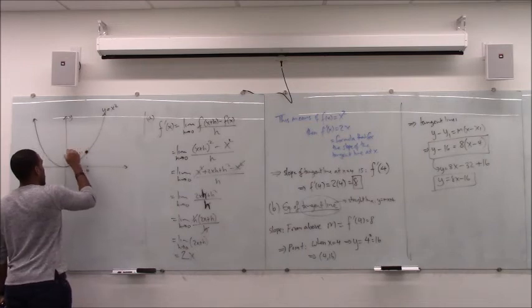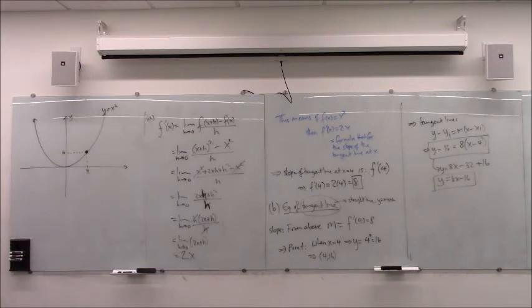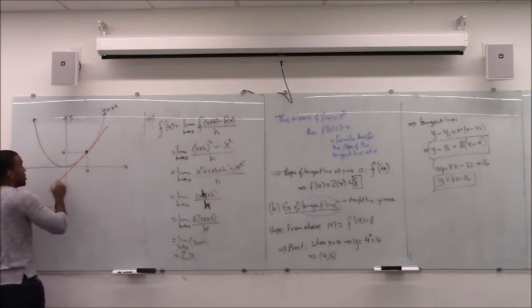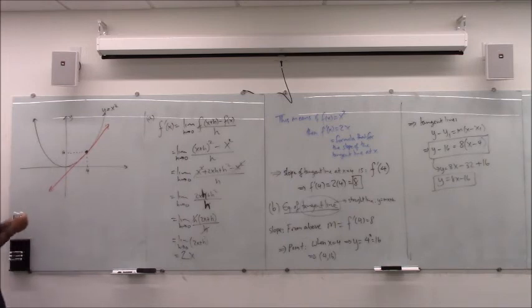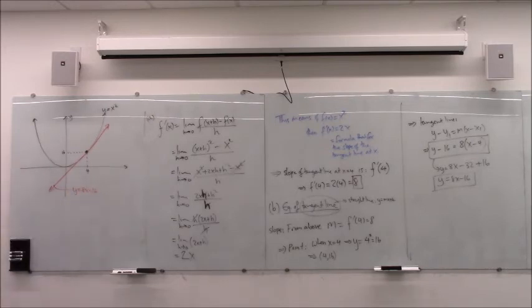Of course, the y output for that is 16. I want to find the equation of the tangent line at that point. Meaning, I want to construct a line that passes through that point in such a way that if I were to zoom in, the line and the function are doing the same thing. What would the equation of such a line be? Well, we just found it. It's y equals 8x minus 16. That would be the line that gets the job done.